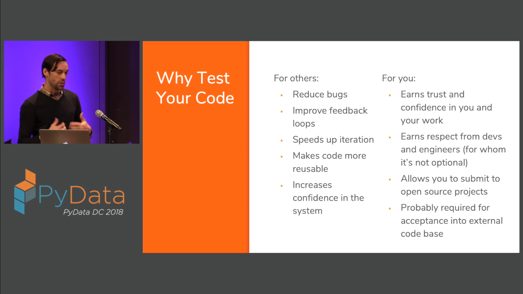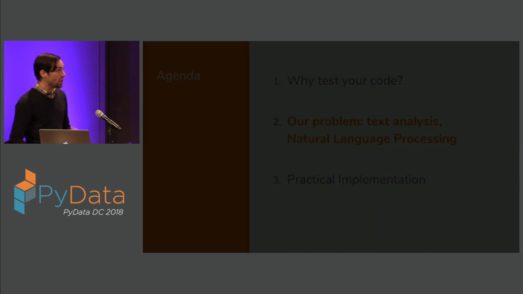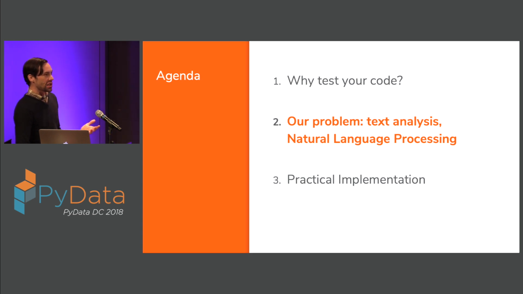And so if your organization is moving in that direction, your code is going to start being looked at by more people. They're probably going to want you to start contributing to the same code base as everyone else, and tests are probably going to be a requirement for you in the future. Okay, so that's why we should test our code.